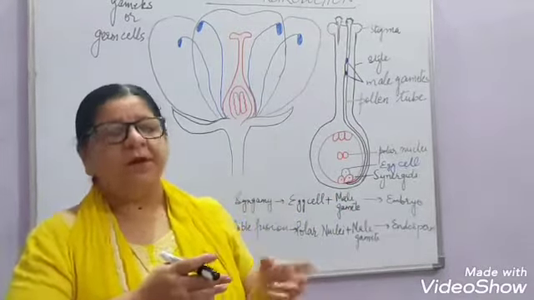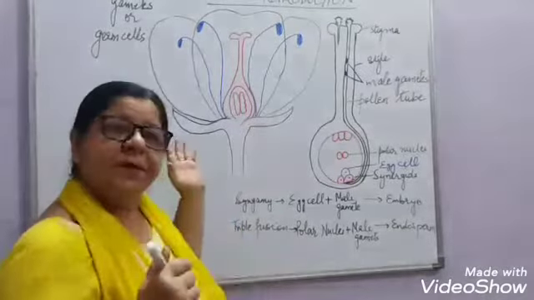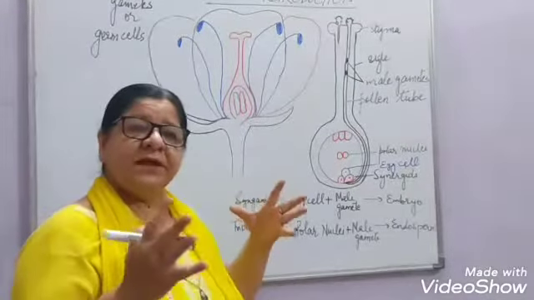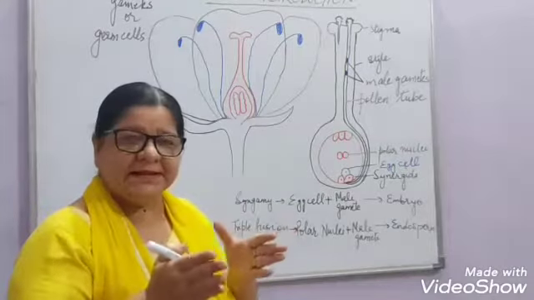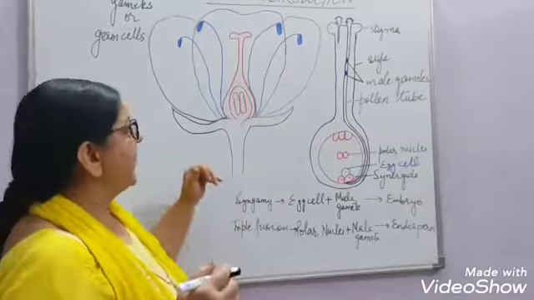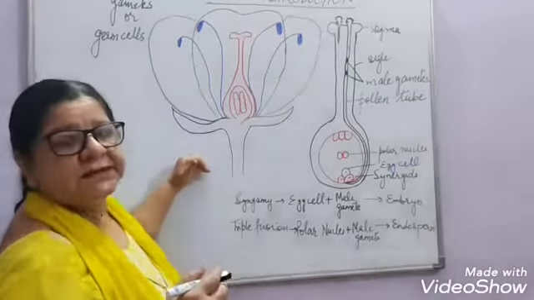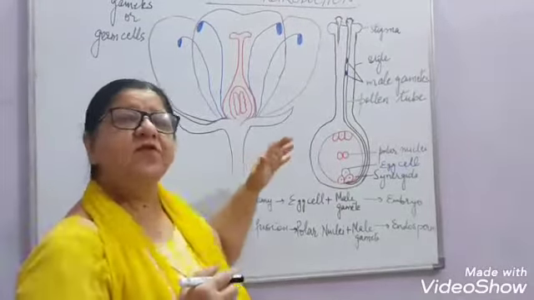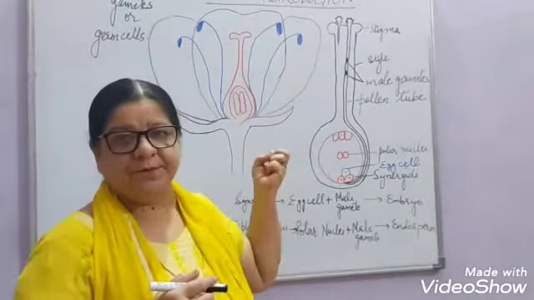Here we see some variations because there is fusion of the male sex cell and the female sex cell. So today we are going to study sexual reproduction in the angiosperms.